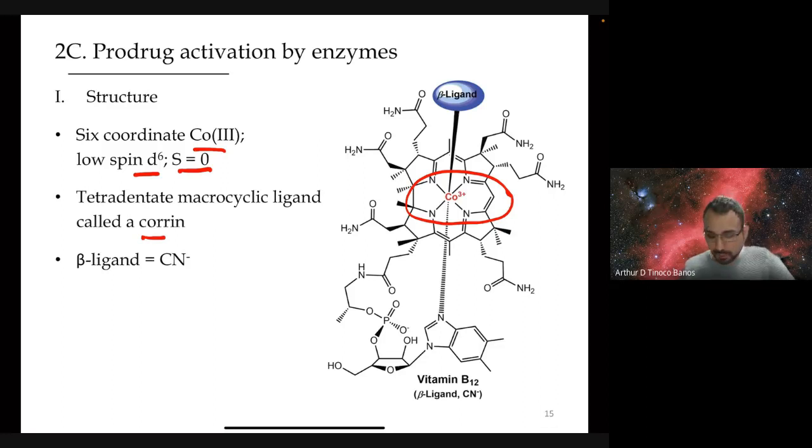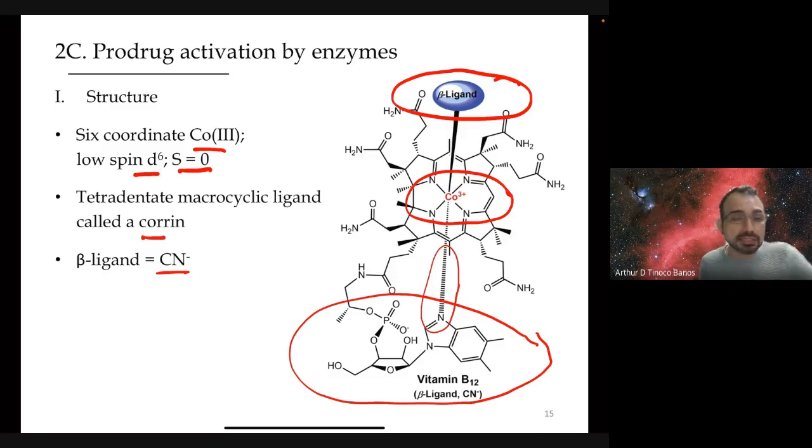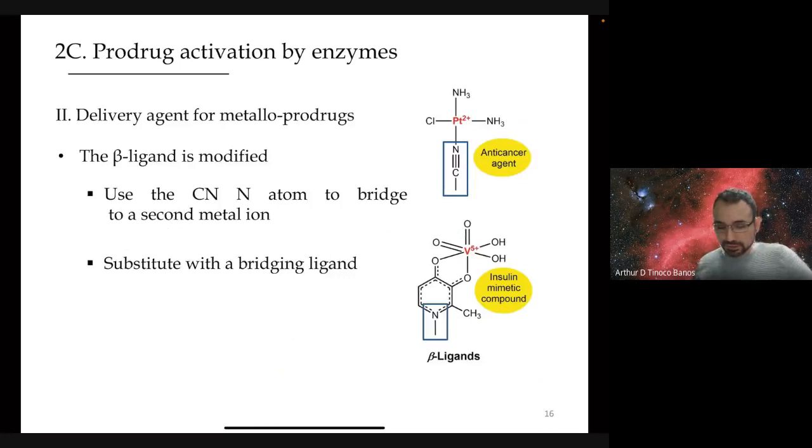Then you have what is basically a nucleotide component, where you have a base coordination to the cobalt in the axial position here. Okay, but then you also have this other site, which is the beta ligand site, and so that can actually be modified. So in vitamin B12, that is the cyano ligand, but that is a site that can be modified and has been exploited for the purpose of prodrug activation.